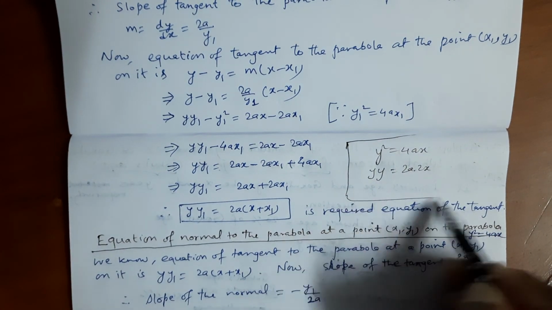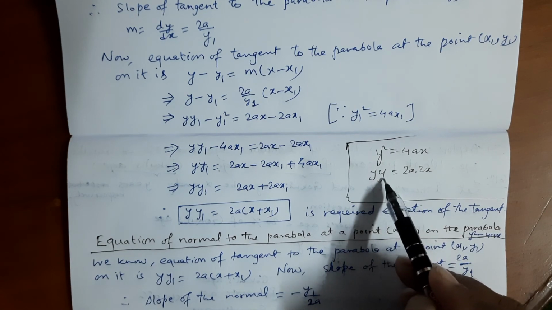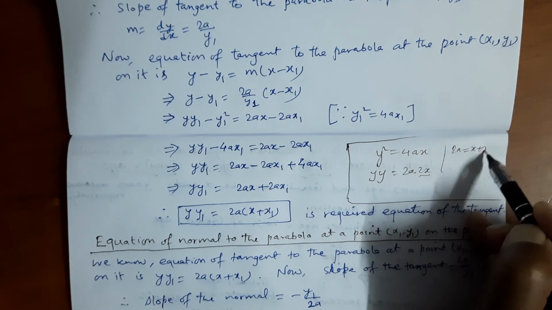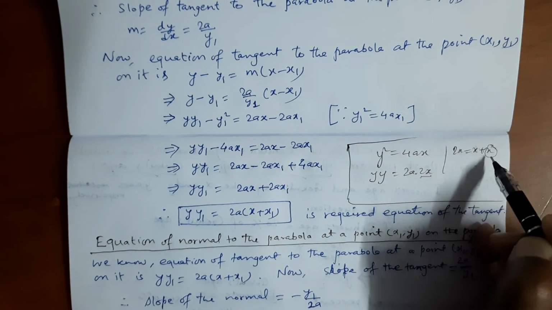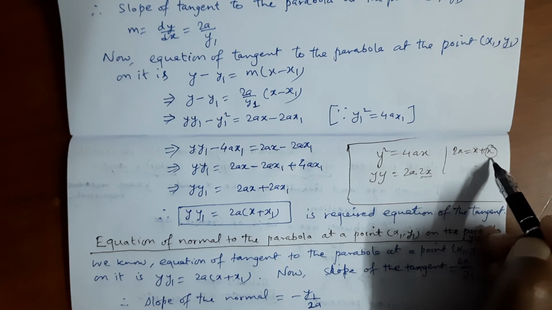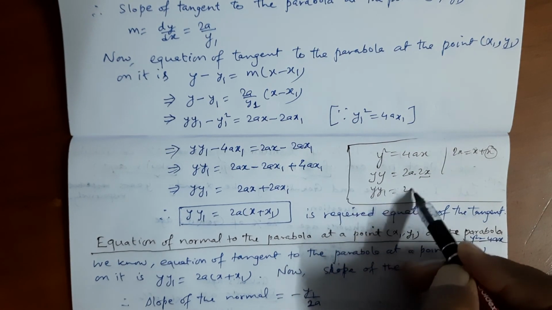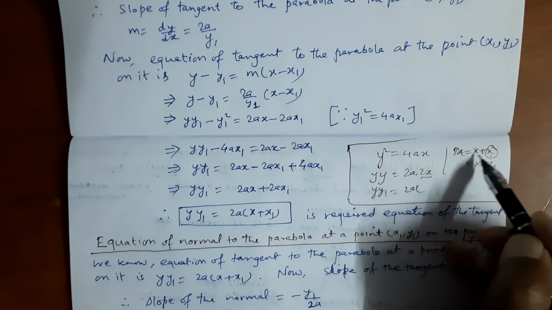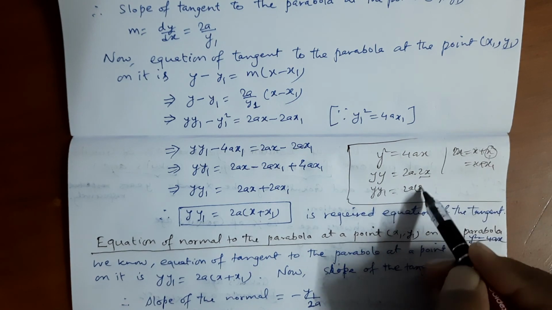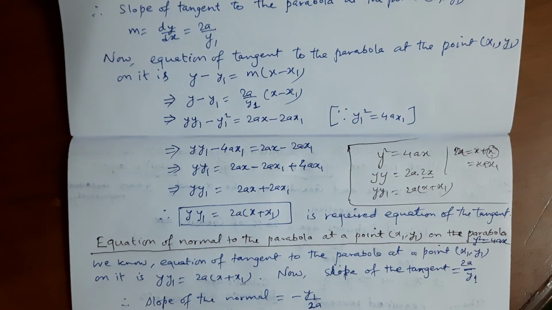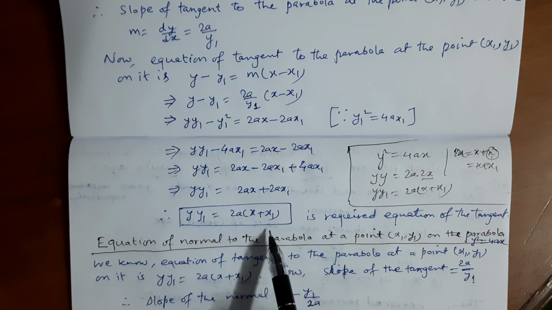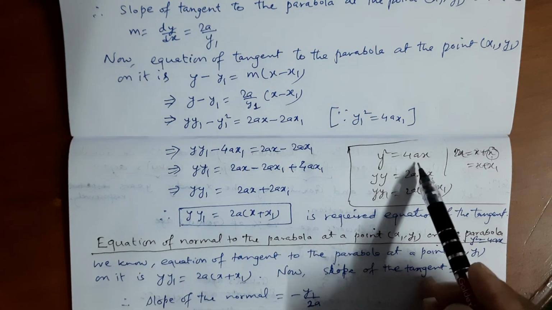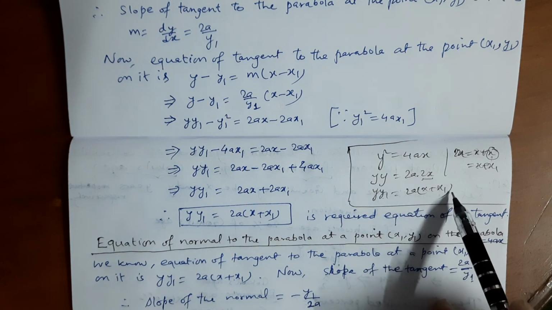If you replace one y by y1, and 2x, which can be written as x plus x, with one x replaced by x1, it becomes y y1 equals 2a times x plus x1.